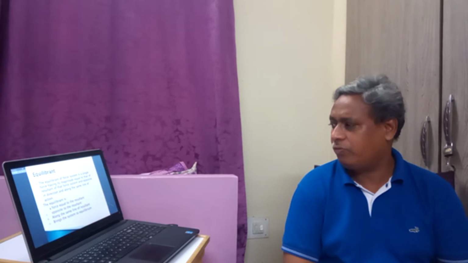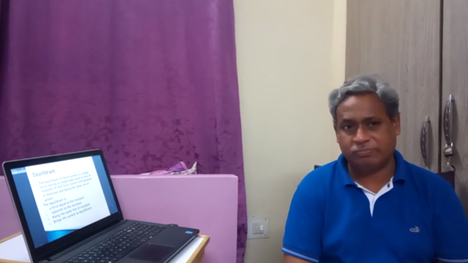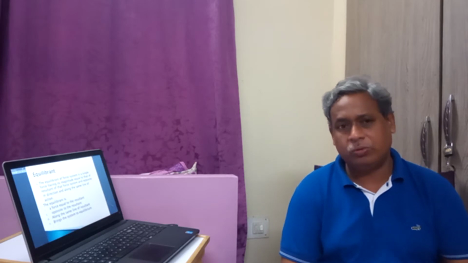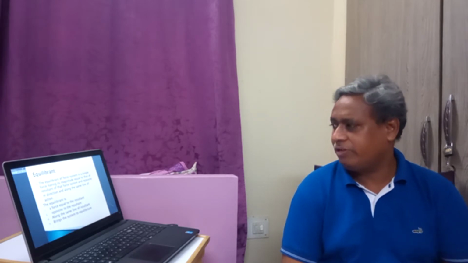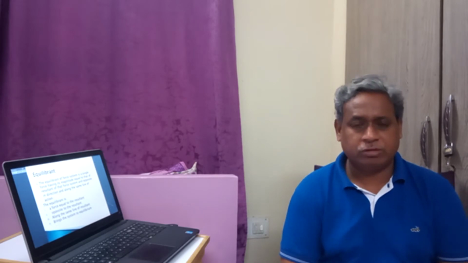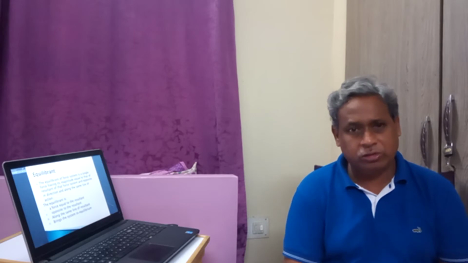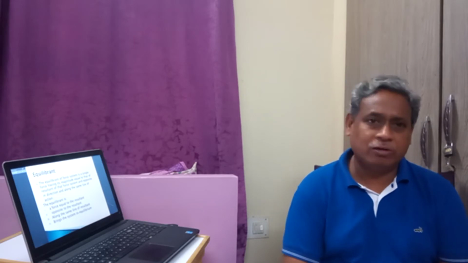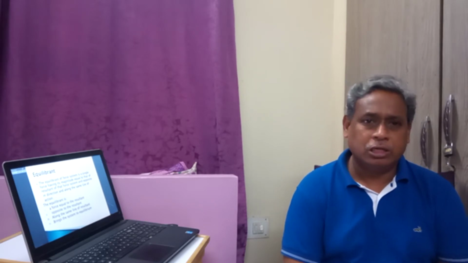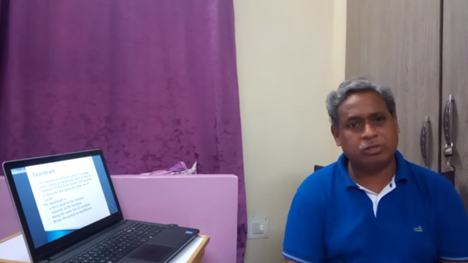The equilibrant of a force system is a single force having its magnitude equal to that of the resultant of that force system and opposite in direction along the same line of action. If we split this statement into small portions, equilibrant is a single force. It is opposite to the resultant. It is along the same line. It is equal to the resultant, that is, its magnitude is equal to the resultant.